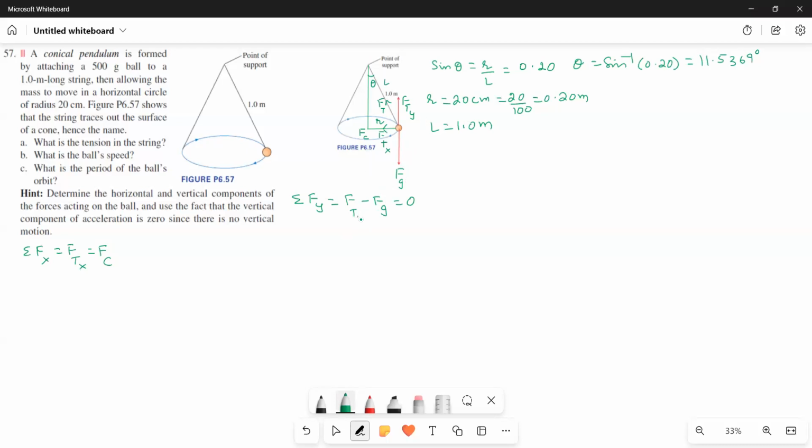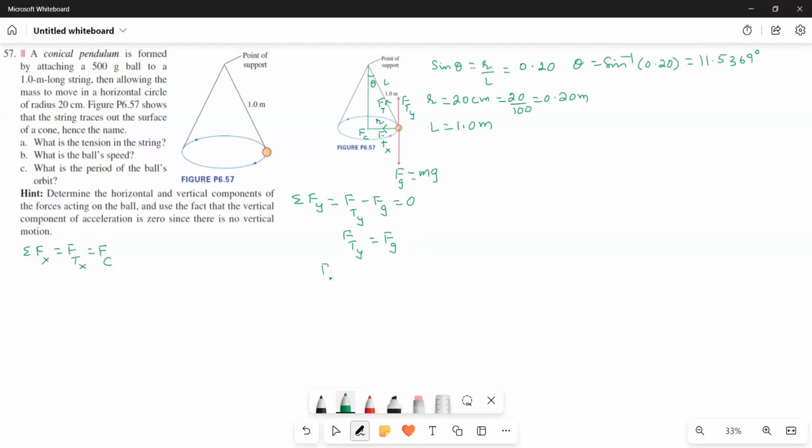Therefore, Fty is equal to Fg. We know Fg is equal to mg. And what is Fty? This is the adjacent side to the angle, so this is Ft cos theta.